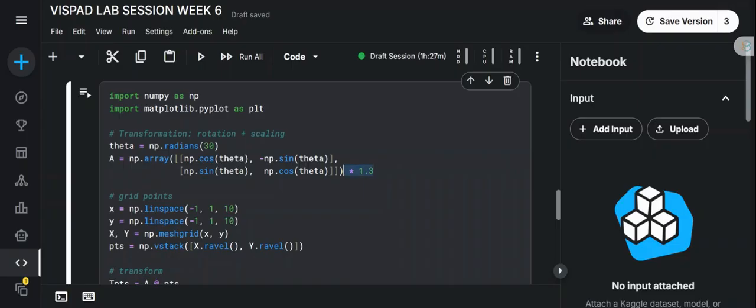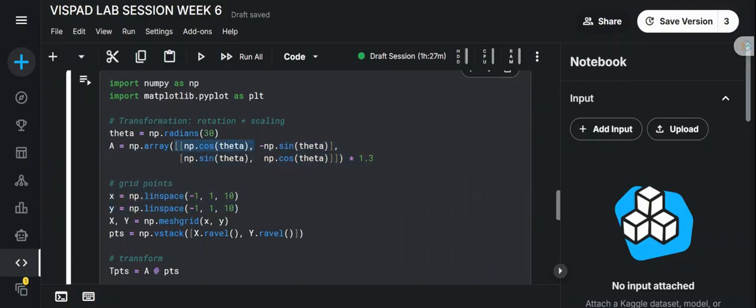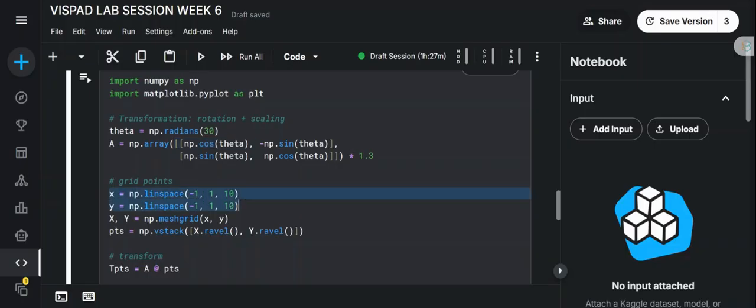So we'll scale the rotation matrix, then we'll apply that resulting matrix to points. In this case, we are generating 10 points for x and 10 points for y.